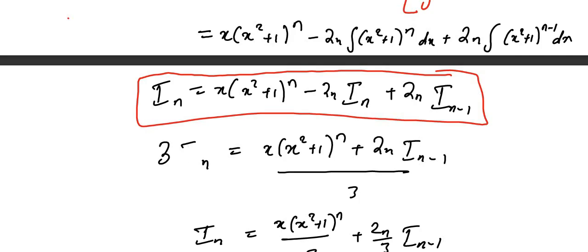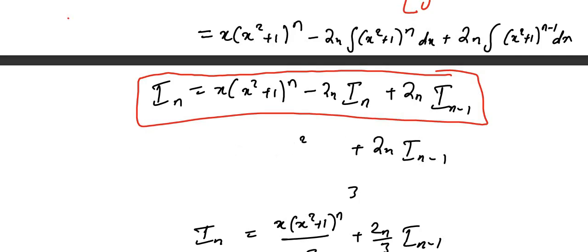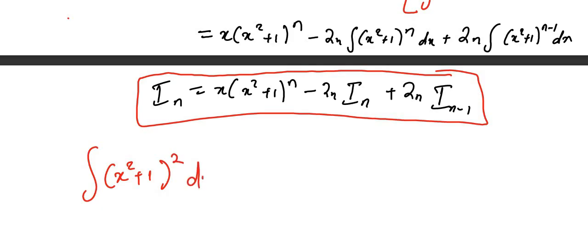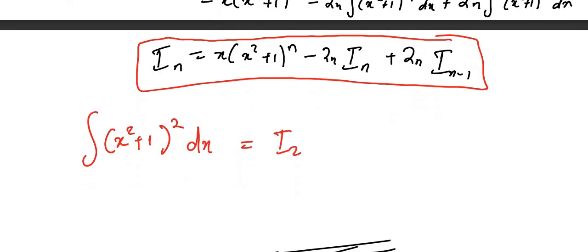So in an event where our n is equal to 2, we'll just use this expression here on top to get our answer. So we'll just have the following. If you have the integral of (x squared plus 1)^2 dx with respect to x, this is just going to be the same as I_2, meaning where there's n, we are putting 2 in the whole expression.